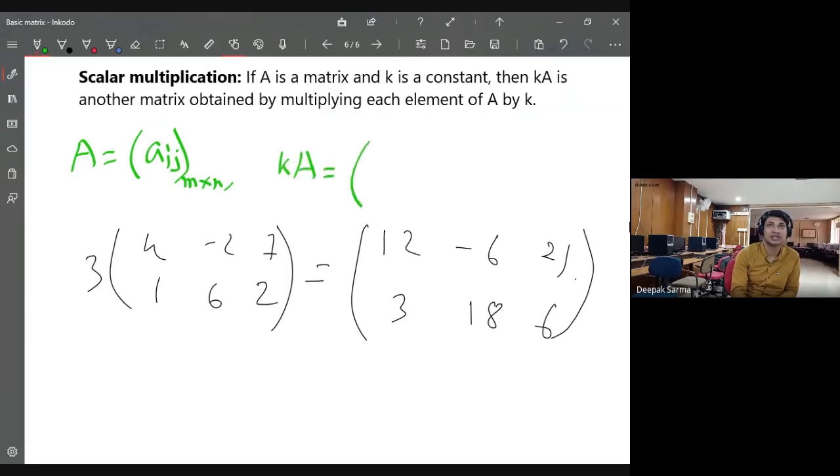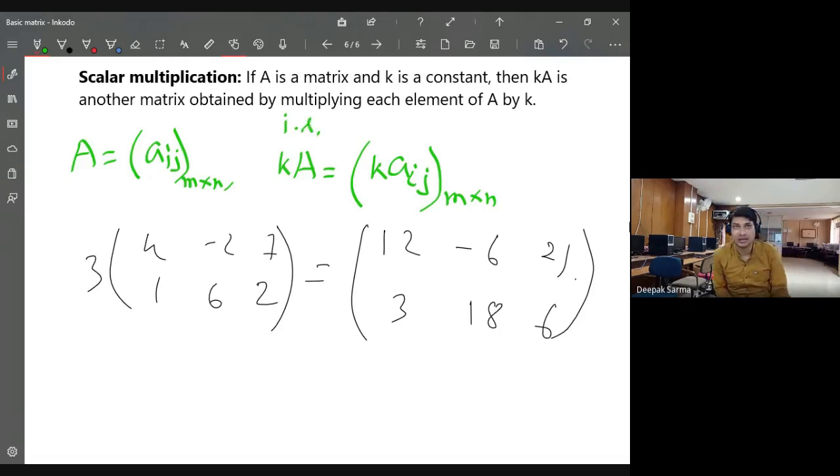It is simply multiplying each entry of A by K, and the order will be again the same. If A is n by n, then kA is also n by n. So simply multiply each entry of the matrix A by K. So we skip this one.